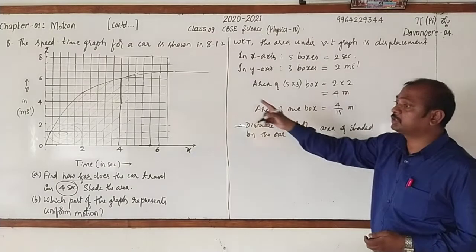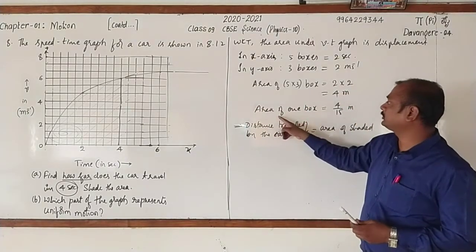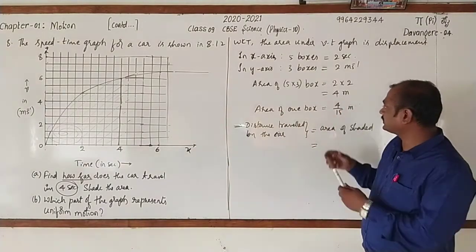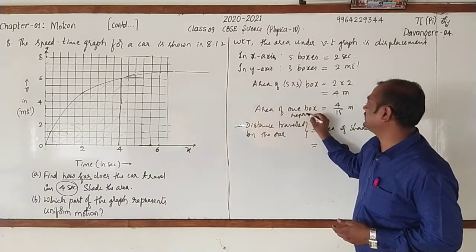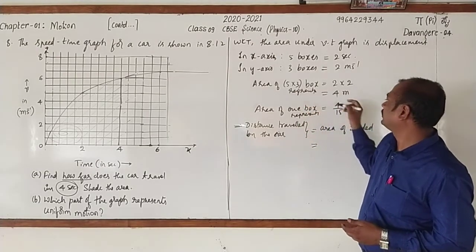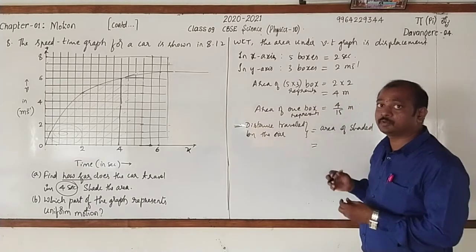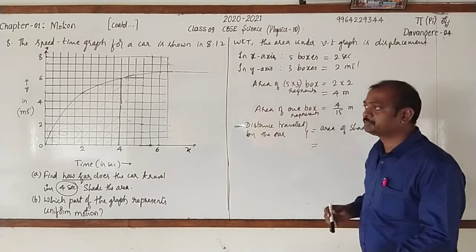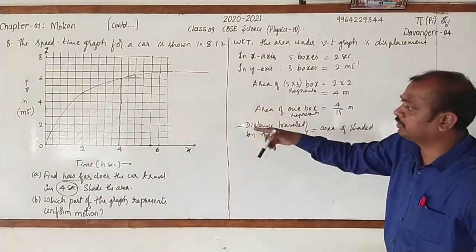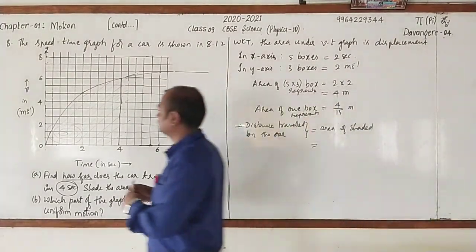Area of shaded part. Total how many parts? We have come to know area of one box represents 4 by 15 meter. Total how many are there? Let's go for counting them. Observe.